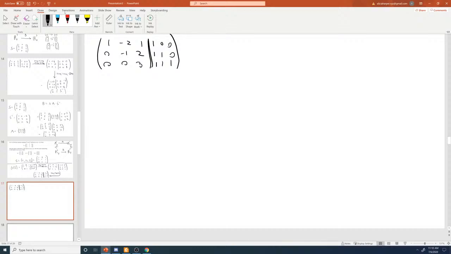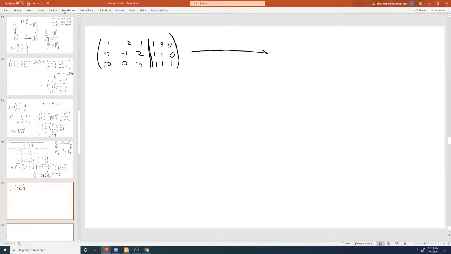Do I really want to do that? Actually, I'm going to do something else. I am going to set row 1 equal to row 1 minus 2 times row 2.